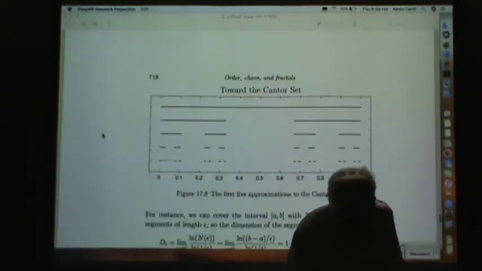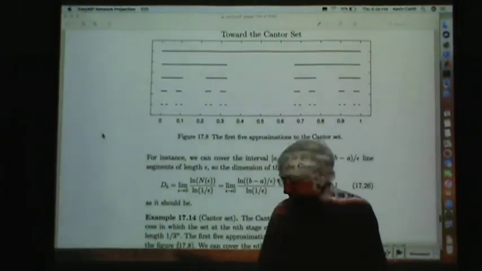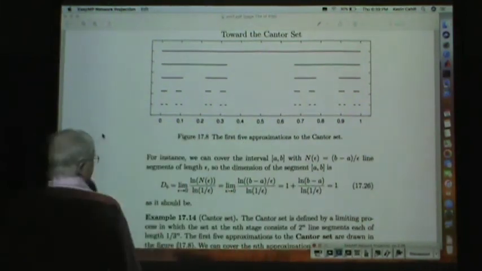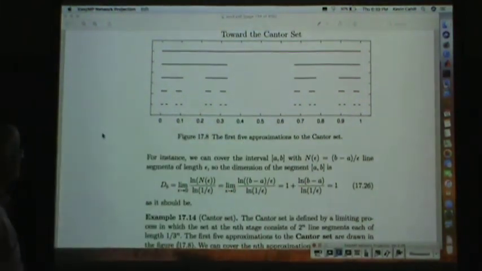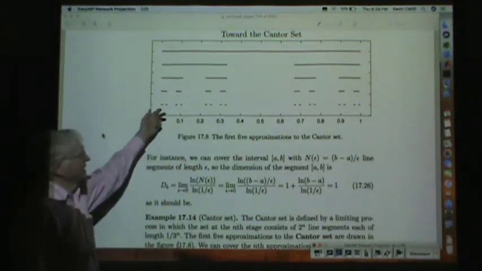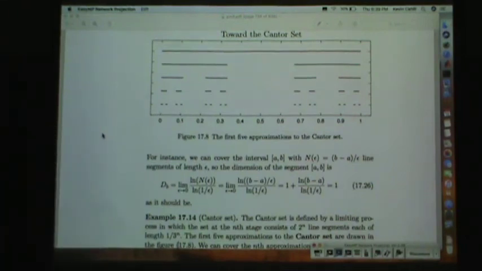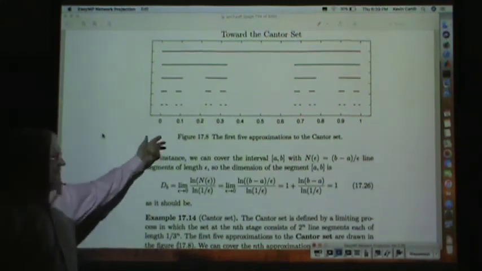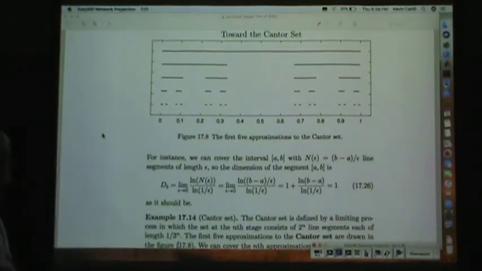An example of that is the dimension of the Cantor set. Now the Cantor set, I had a lot of trouble making that figure, and I would love to know of a cute way of making a better figure than that. But anyway, this is the first 5 approximations to the Cantor set.